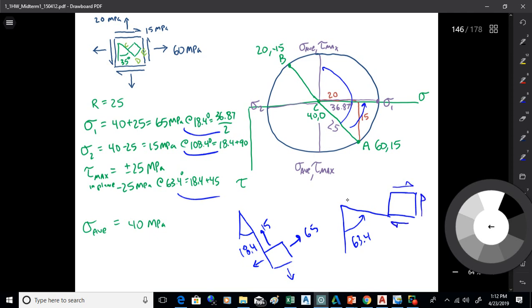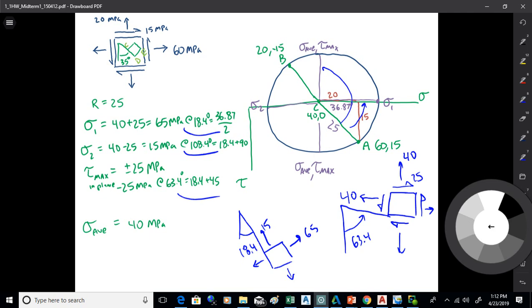So those look like that. Now, I didn't ask you to do this, but I'm just illustrating what the heck's going on here. We got 25, and then we've got the average normal stress, 40, on those planes, which might be significant if you're designing that, because not only do you have a shear of 25, you've also got some tension of 40 kind of stretching those planes apart. That might facilitate that shear and make it more apt to happen.